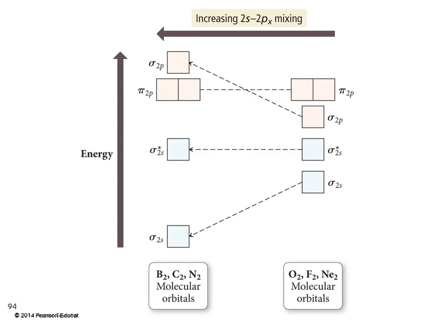Yeah, I guess they're leaving out the antibonding orbitals for the p. And so they're showing us that the pi 2p orbitals, the bonding orbitals, have the same energy, and that the sigma 2p is higher for, be careful now, and lower for the O, F, Ne.